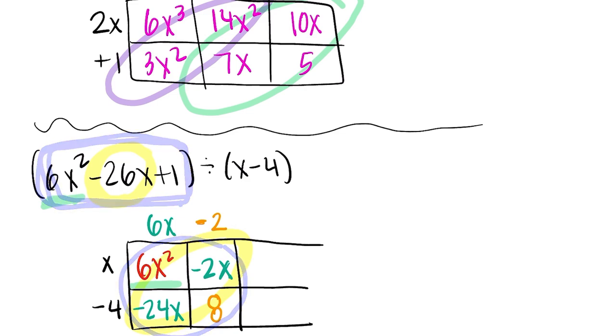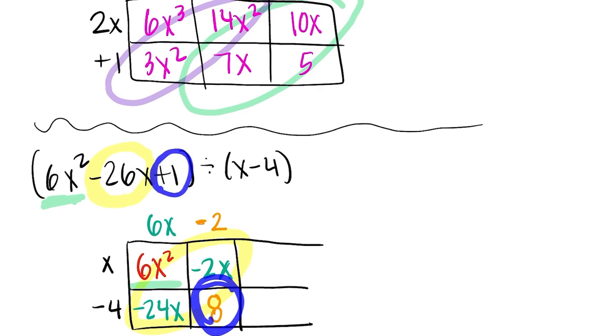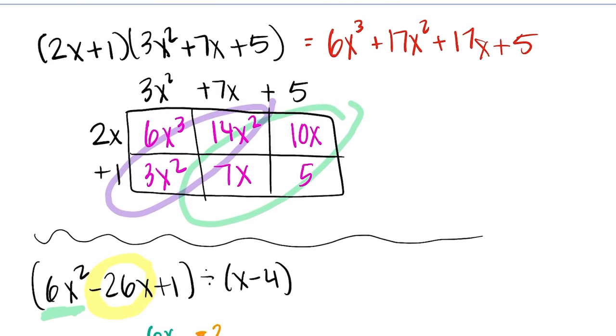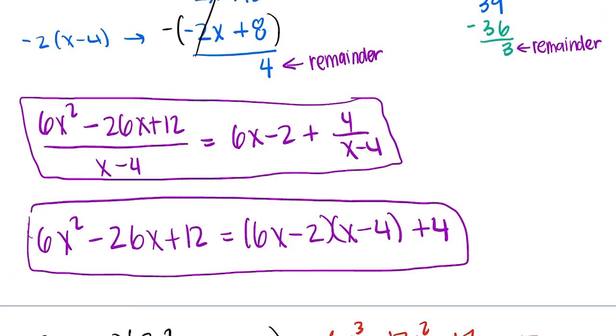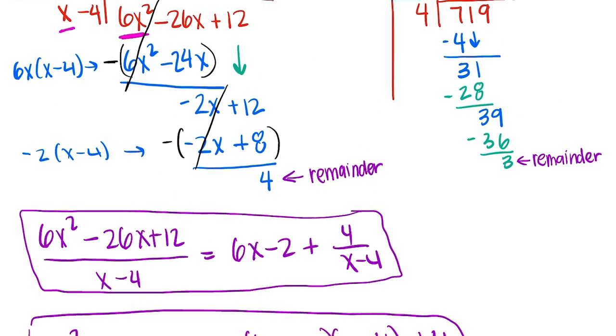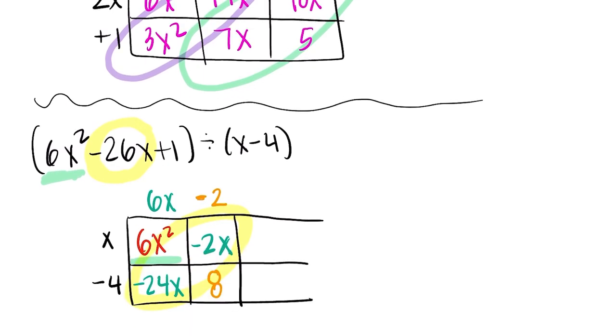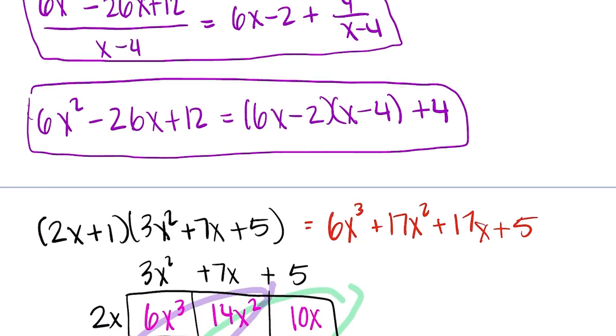No. So we need to figure out what would I have to add to the 8 to go from an 8 to a 1? What do I have to add to an 8 to end up with negative 7? Did we do that right? Something went wrong. What did I do wrong? Sure, because it's supposed to match up.